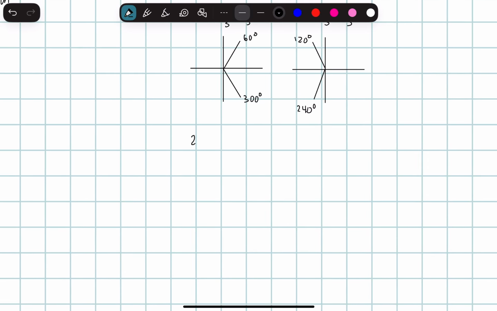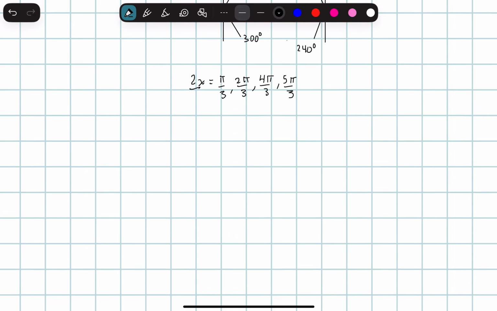So now we know that 2x is going to equal pi over 3, 2 pi over 3, 4 pi over 3, 5 pi over 3, and now dividing everything by 2, we have that x is equal to pi over 6, pi over 3, 2 pi over 3, 5 pi over 6.